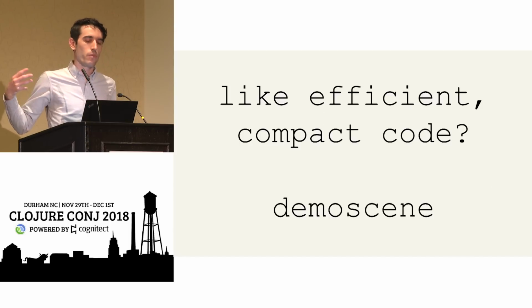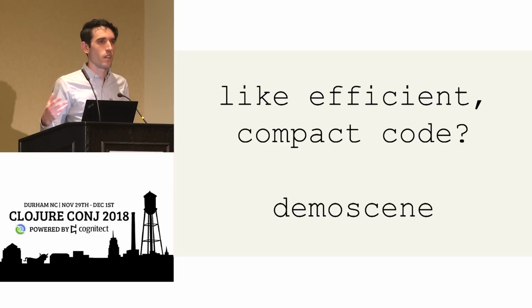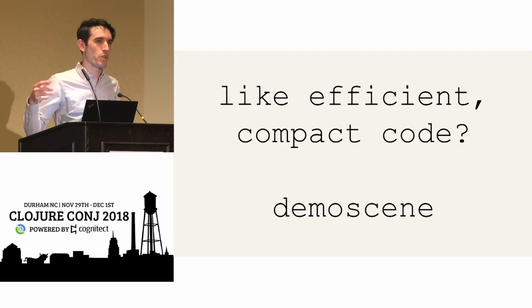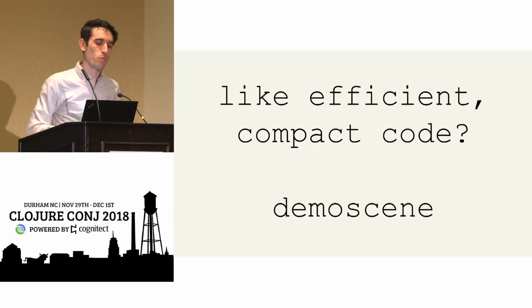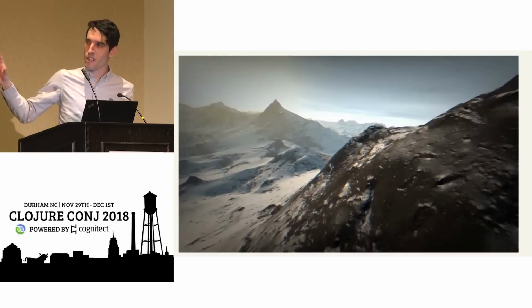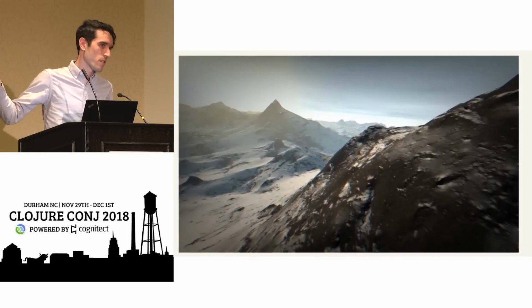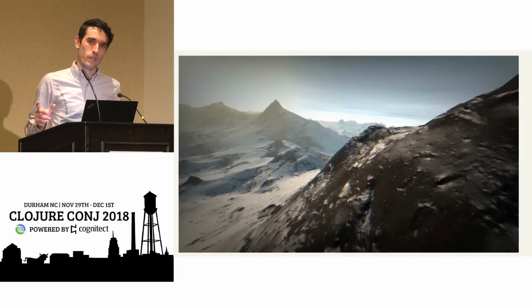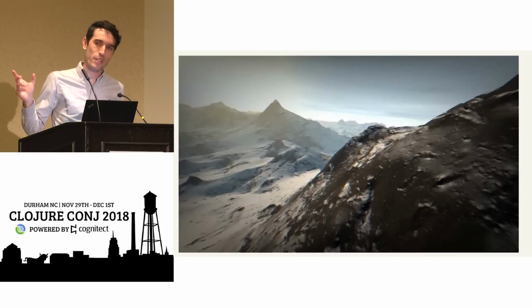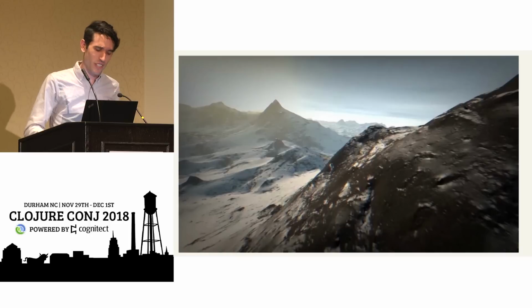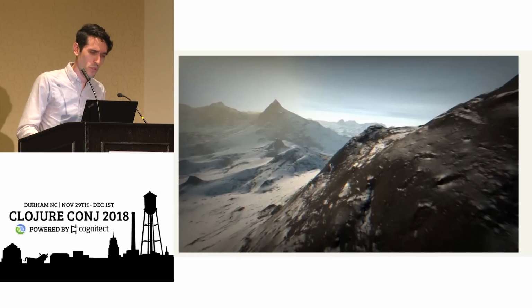If you like efficient, compact code, there's demo scene artwork, which is all about generating things out of incredibly small executables. This is an entire world that fits into a 4 kilobyte executable, and this is just a still from a video. It's a whole terrain with mountains and snow and clouds and oceans, which is pretty mind-blowing.